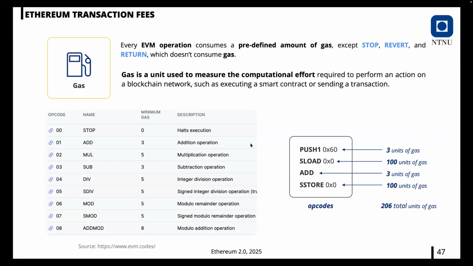The network will pay you from the fees and from the gas that goes into the transactions, right? Everybody else pays fees, but by calling kill on your contract, you get some money back. You get some gas.